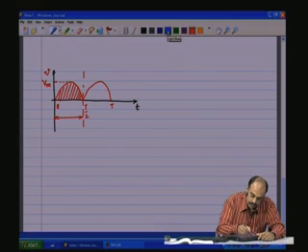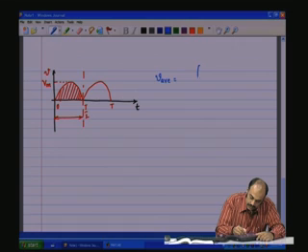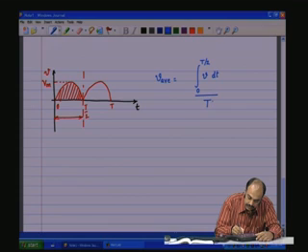So, V average will be equal to integral 0 to T by 2. So, we want to perform the integral from 0 to T by 2, integrating the voltage waveform divided by the base, which is T by 2.